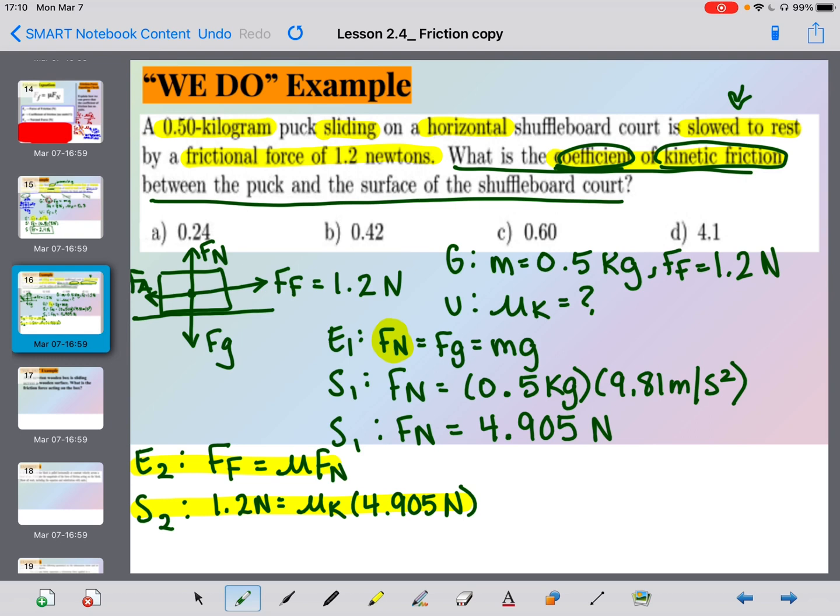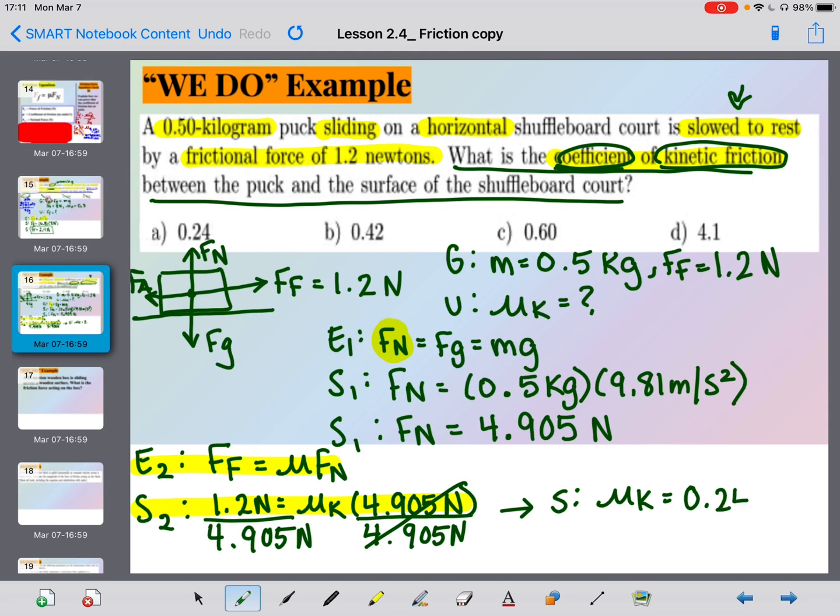In order for us to get the coefficient of kinetic friction isolated, we are going to have to divide 4.905 newtons on both sides, and this is our last part. So mu k equals, and if you plug this into your calculator, you would end up getting 0.24.